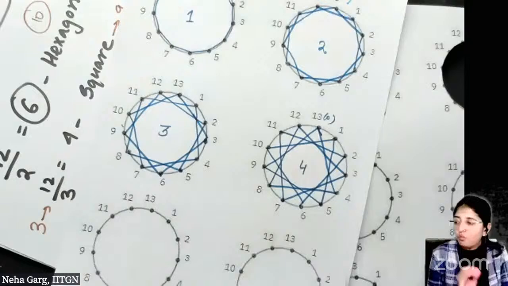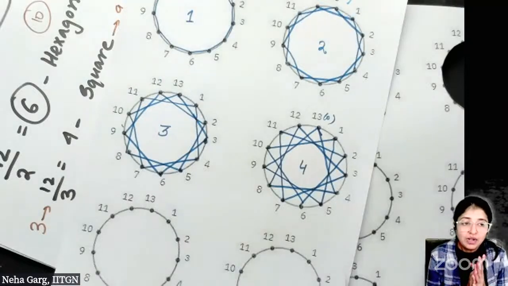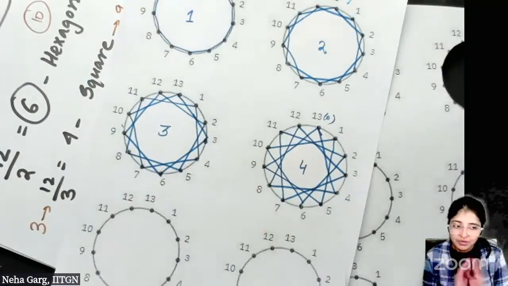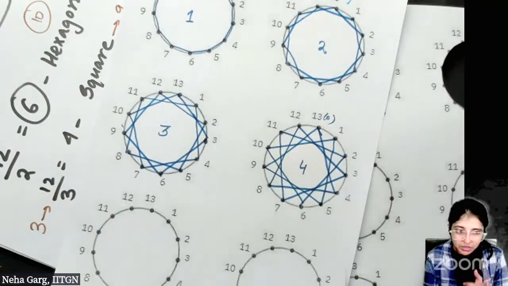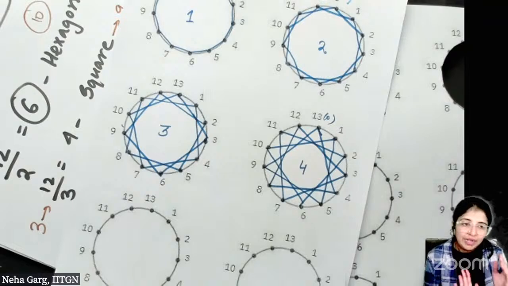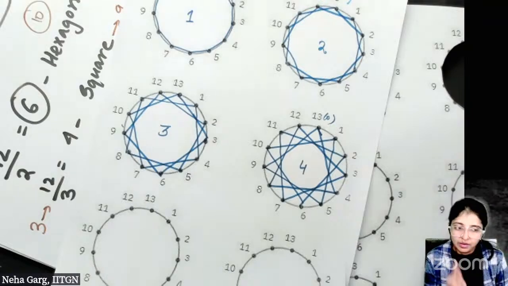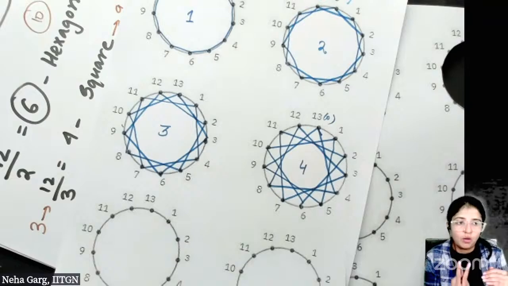So till now, what we have talked about is that there are three types of relationships between the number we are adding and the number of points on the circle. One, whatever number you are adding can be a factor. Two, it can be a co-prime number, where both have no common factor.